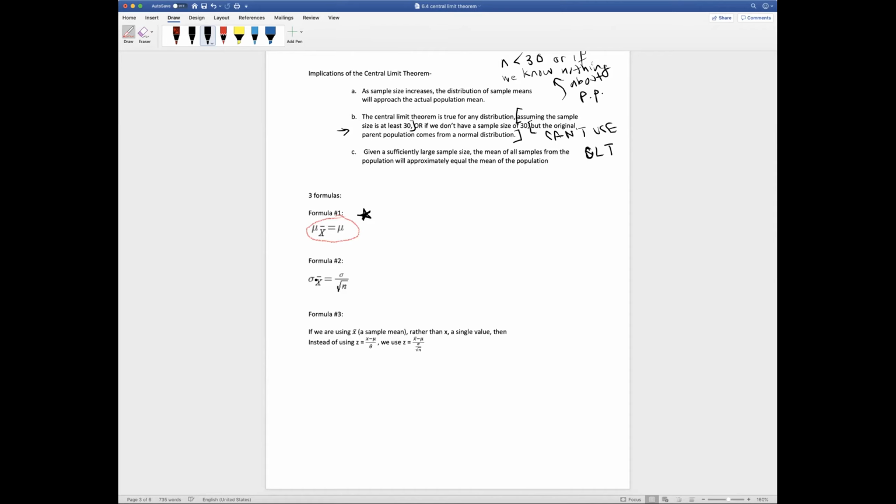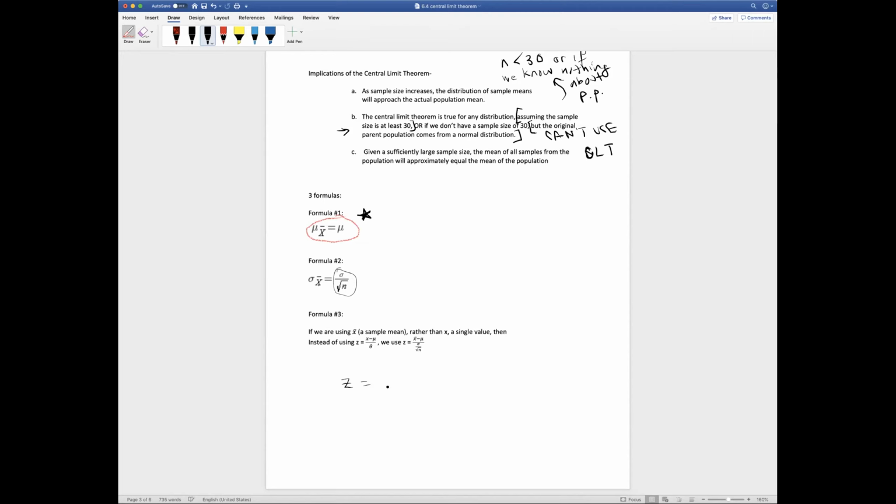If instead we know the standard deviation of our samples, that's the same thing as saying the population standard deviation divided by the square root of our sample size. Now, this part over here becomes important because we're going to start talking about how to find probabilities.